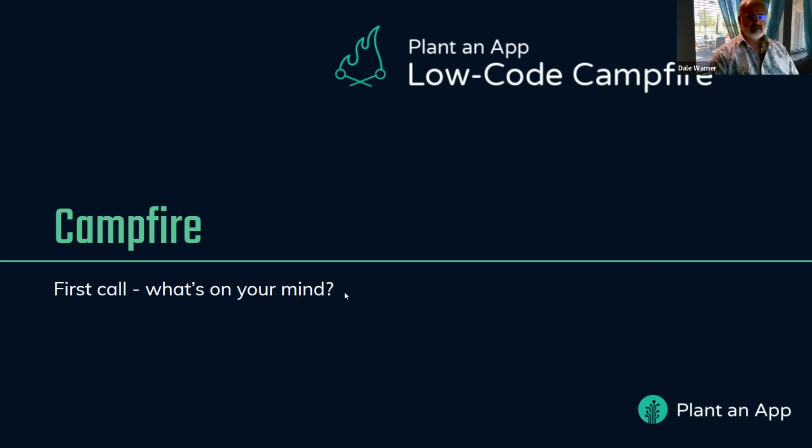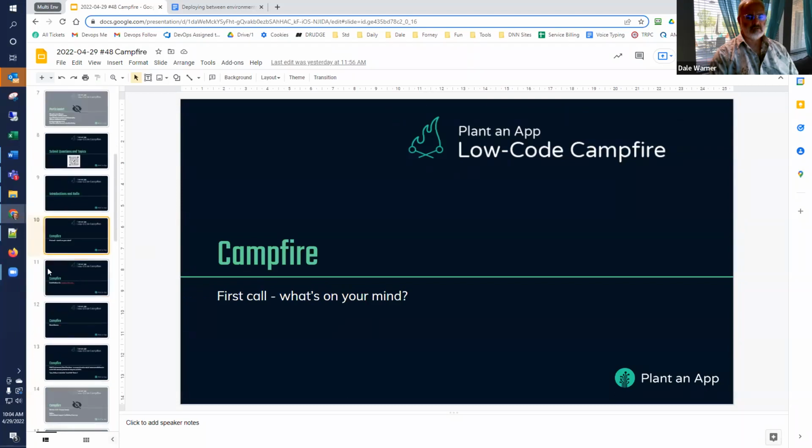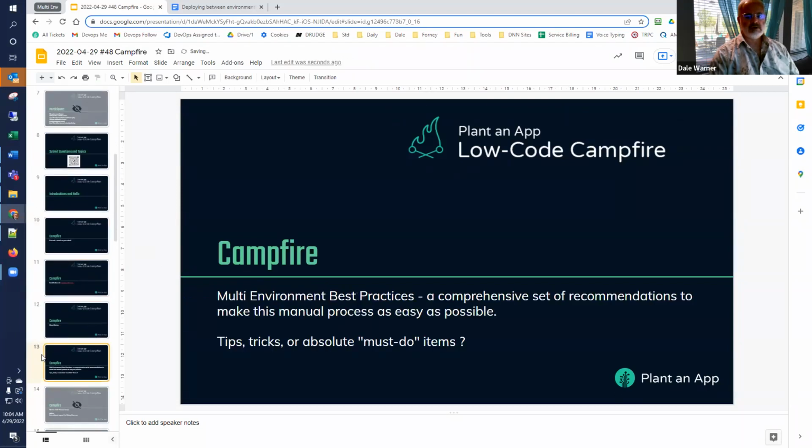So I'm glad for the question, and I'm okay to move right on to that if there are no other first call things. Let's do that. So I've got that down here someplace. Yeah, there it is. We're developing this list internally, but we want to make sure that we didn't miss anything.